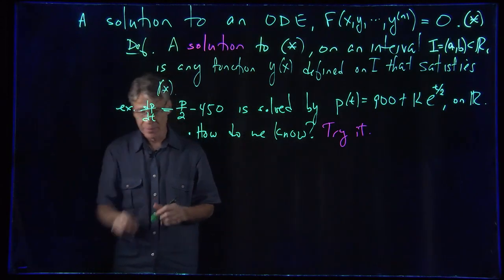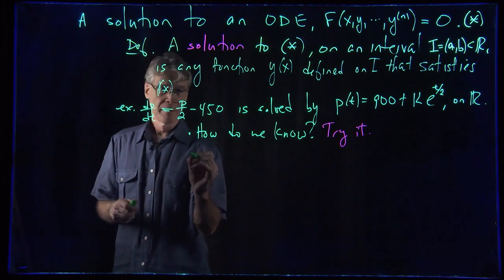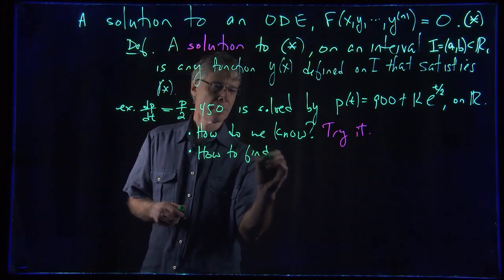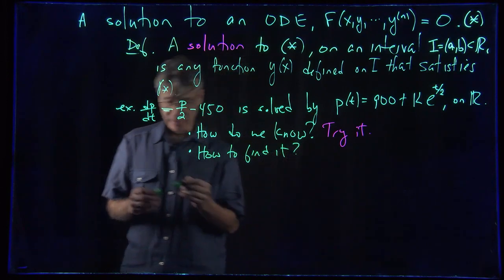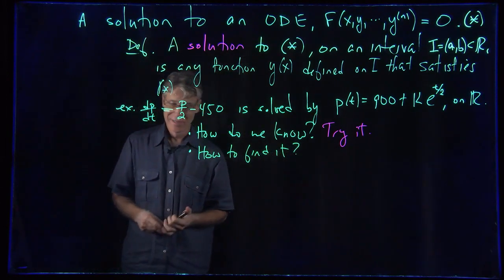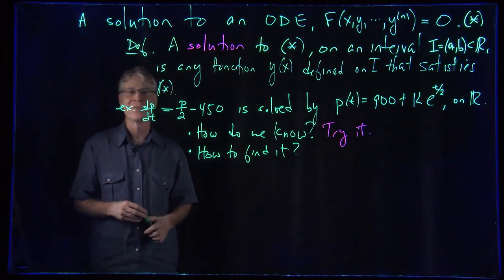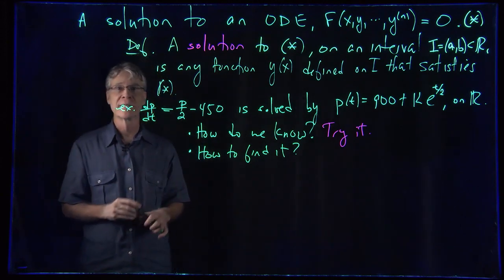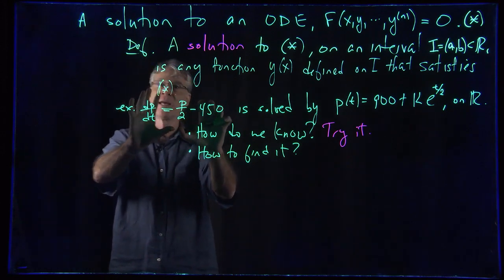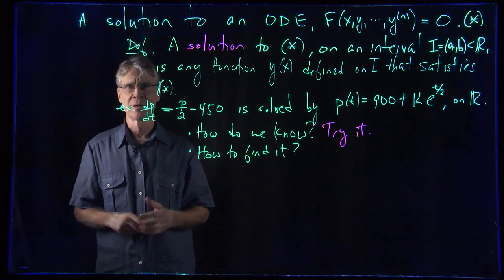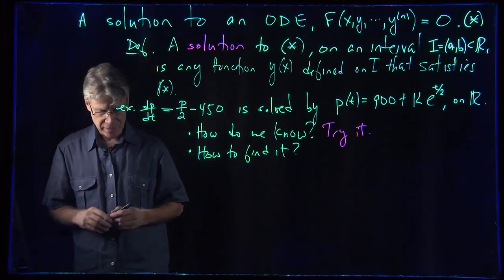Okay? So give it a shot. Try it on your own. Better question. How do you find it? Well, that's what this class is all about. So we'll be doing this very soon in another video looking at this particular example because this particular differential equation has some nice properties that we're going to exploit to be able to come up with a solution. So we'll come back to this one at some point.